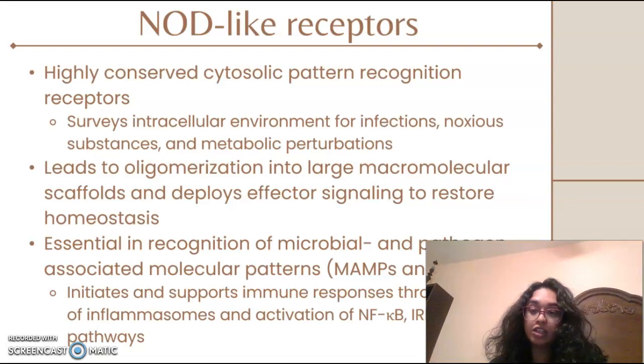And NLRs are essential in recognition of microbial and pathogen-associated molecular patterns, which are also known as MAMPs and PAMPs, and have the ability to initiate and support immune responses through the formation of inflammasomes and the activation of NF-kB, IRF, and MAPK pathways.